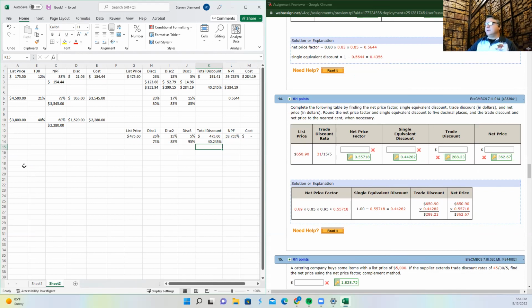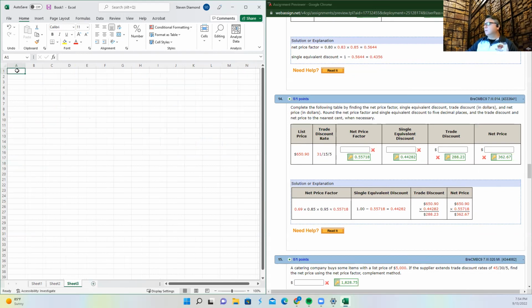So let's just build, just like they have, I'll start another one here. Okay. This price. Trade discount rate, which trade discount rate, there we go. Net price factor.